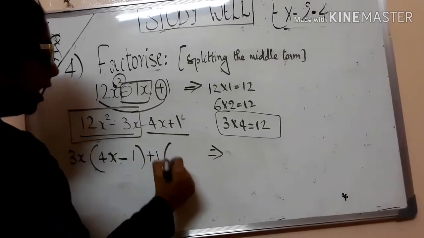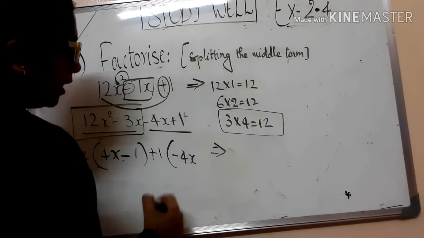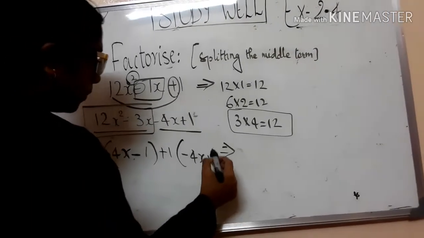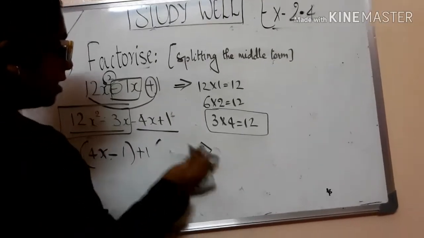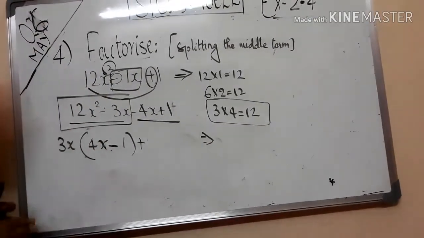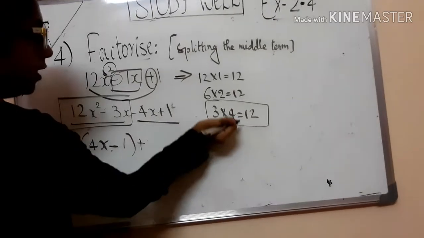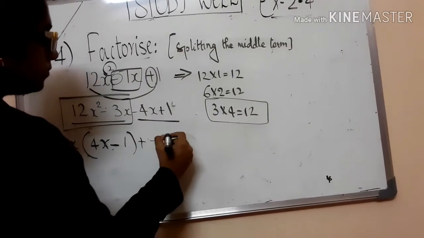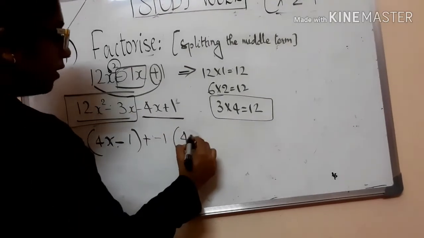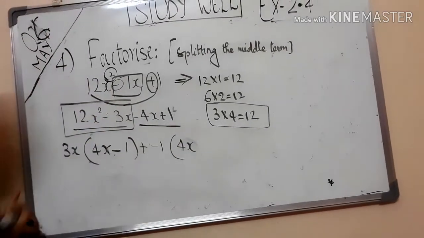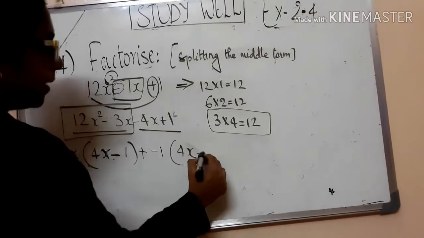Okay, and minus 4, and what we should keep in mind is both the brackets of the two groups should be equal to each other. When we do like that, they are not equal. So what we need to do, we need to make the 1 negative. So when we make the 1 negative, the answer will come as 4x minus 1.